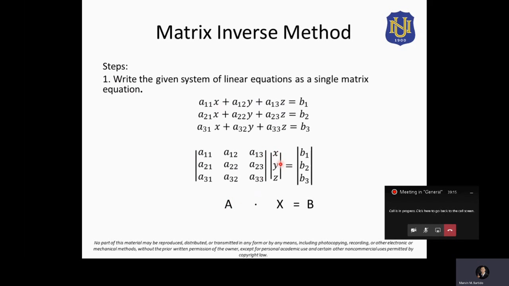And then yung mga unknown variables natin, which is yung x, y, at z, let's say na capital letter X na lang siya, no? Is equal to capital letter B, wherein yung capital letter B natin, it represents yung constants natin na B1, B2, B3. So this is the matrix equation natin, simplified matrix equation, yung A times X equal to B.